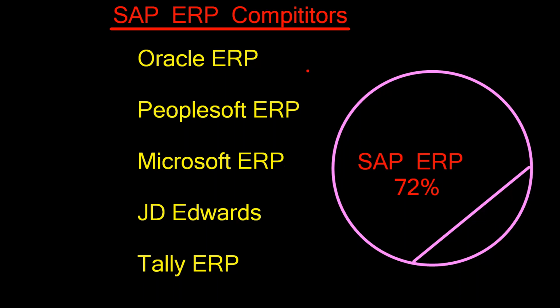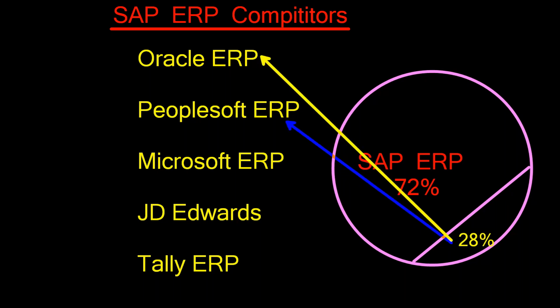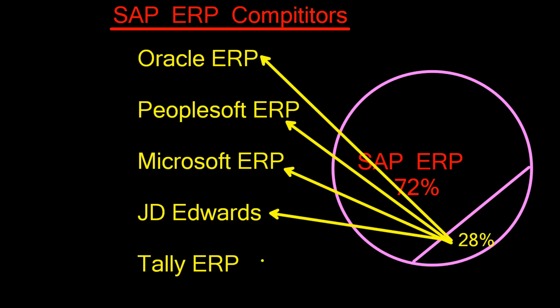These five companies shared only 28%. Only one company, 72%. The combination of these companies shared only 28%. But you observe, these are not small companies. If you take Oracle, it is a very big company, I think you know how big it is.